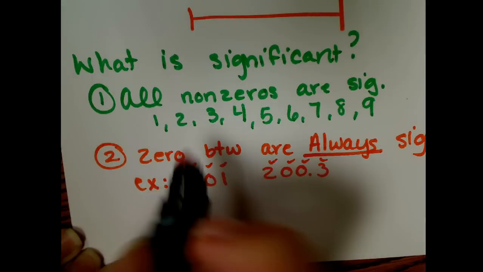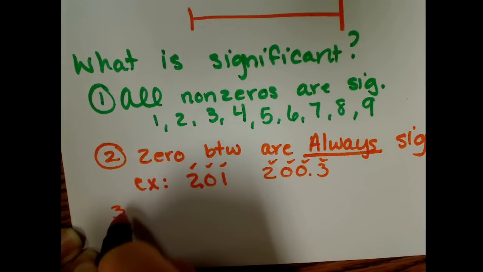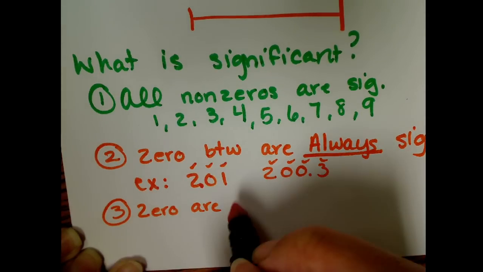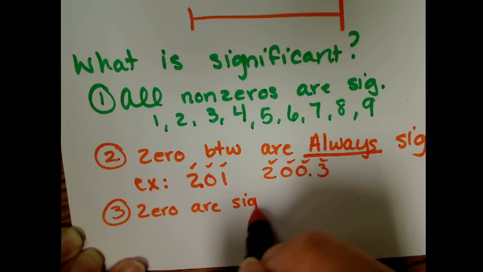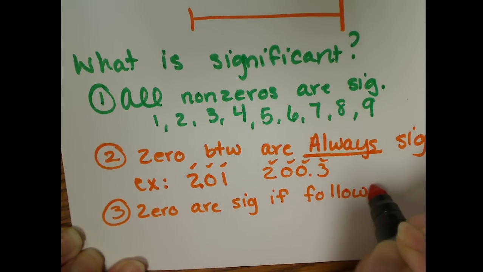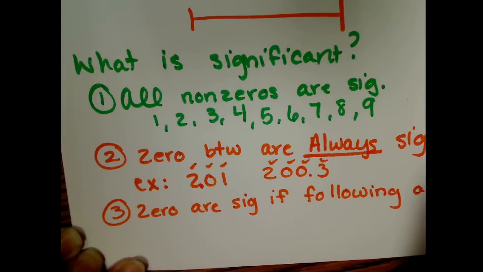Okay, so let's talk about when sometimes zeros are significant if following a decimal.